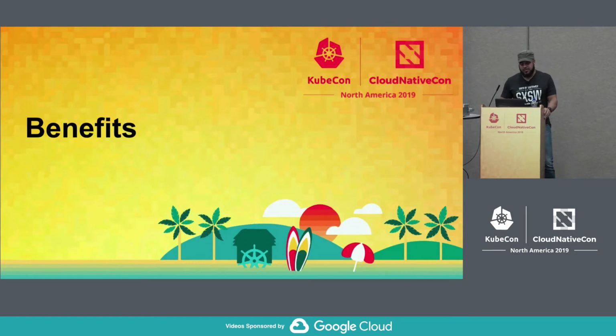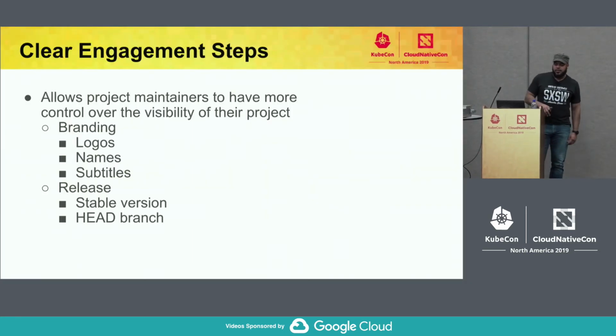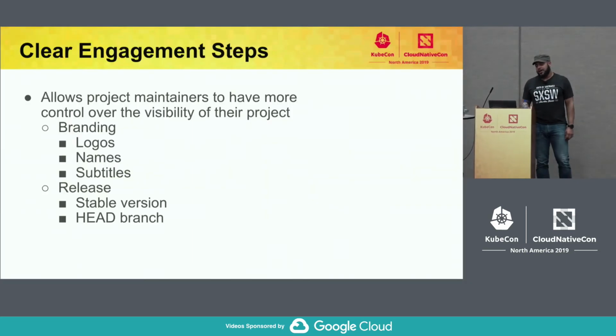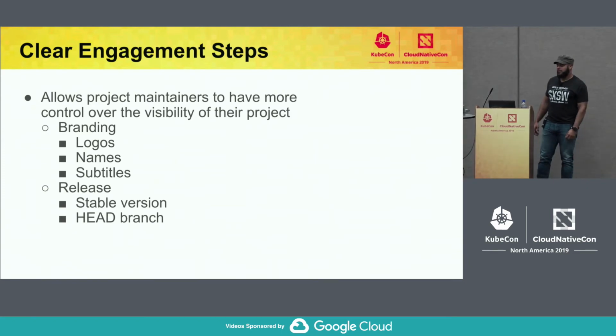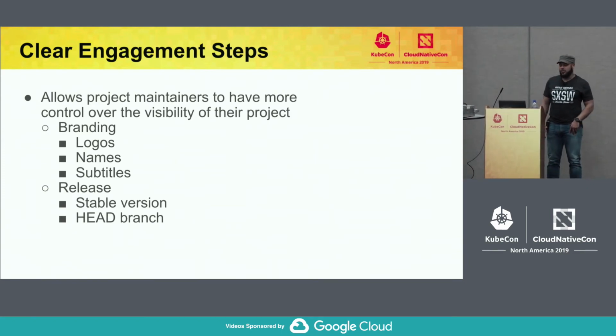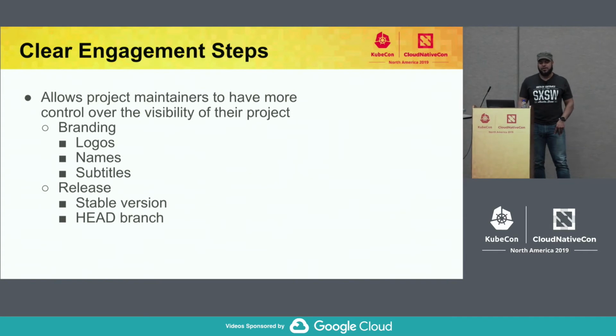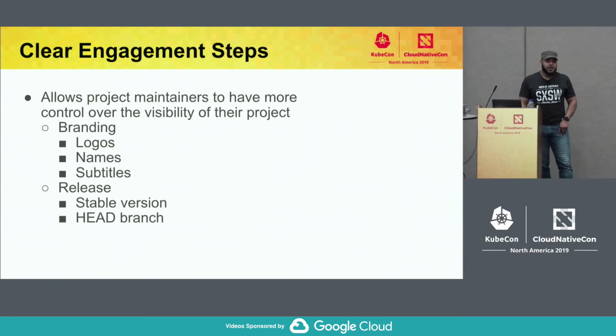So some of the benefits of version 3, we're going to allow project maintainers to have more control over the visibility of their projects, so their branding, their logos, subtitles, names, and all that stuff, and then also control their release. So with the stable version and the head branch, one of the issues that a project maintainer may run into is that their stable branch may actually be showing that it's failed.